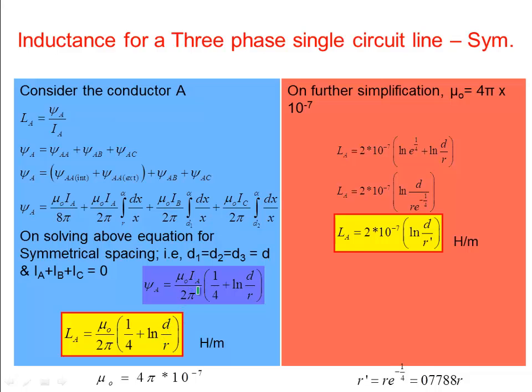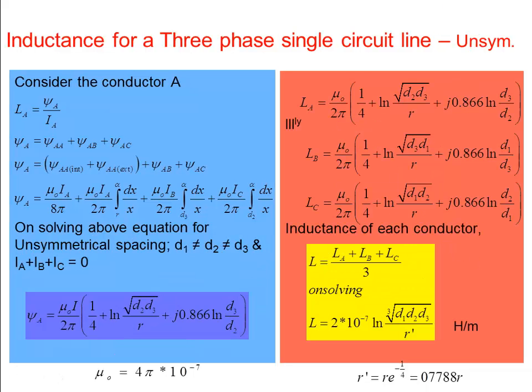This current Ia is cancelled while calculating the inductance, and now if we substitute the mu naught value here, then we will get 2 into 10 to the power minus 7 Ln d by r e to the power minus 1 by 4. This r e to the power minus 1 by 4, because of skin effect, the actual radius of the conductor will reduce, so we can call it the effective radius of the conductor, that is r dash.